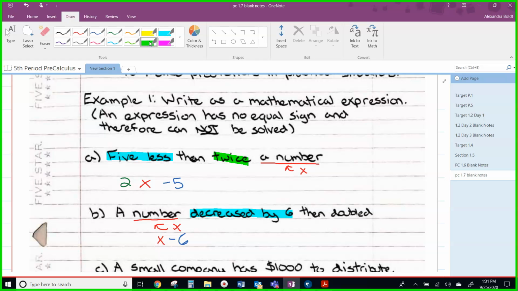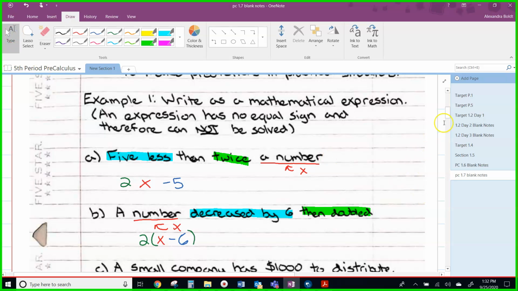I'm doing that first, then doubling it. So sometimes the order of what you're doing matters. Here, I'm taking 5 less than twice the number. I did twice the number first and then took 5 less. Here, I'm subtracting first and then doubling the whole thing. So be very careful of the order that it's asking you to do things in.